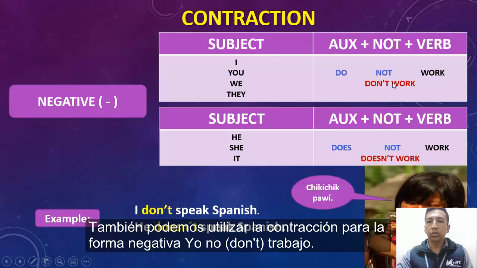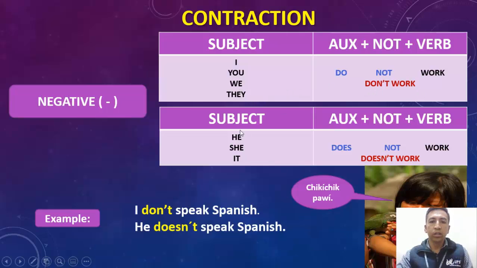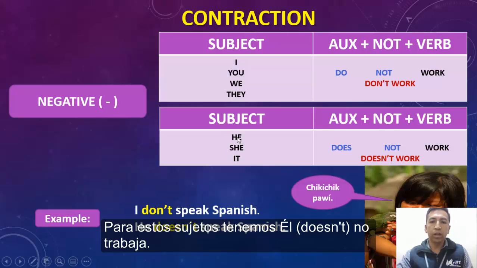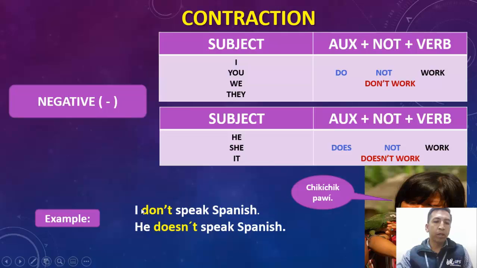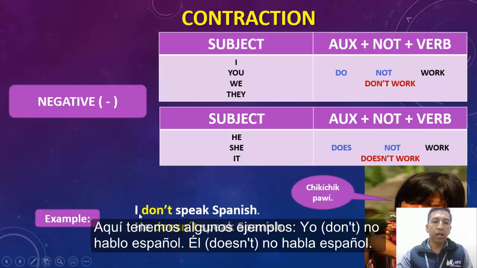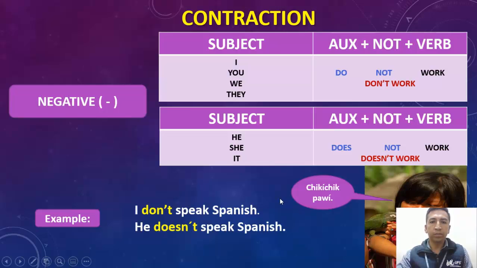I don't work. You don't work. We don't work. They don't work. For these subjects, we have he doesn't work, she doesn't work, or it doesn't work. Here we have some examples: I don't speak Spanish. He doesn't speak Spanish.